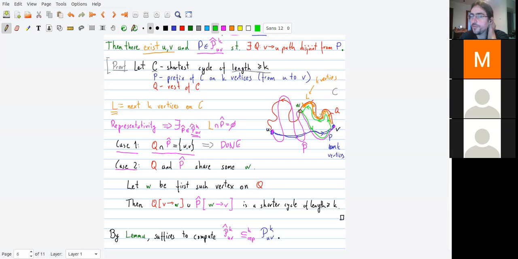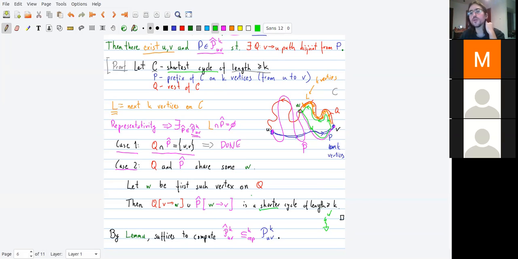So we have a directed cycle, and this directed cycle contains the full L, because I could not hit P hat during L, because P hat was supposed to be disjoint with L. So we got a directed cycle on at least k vertices, which is definitely shorter than my original cycle, because I just took a non-trivial prefix of Q and a non-trivial suffix of P hat. So this is a contradiction with the fact that we chose C to be the shortest cycle of length at least k.